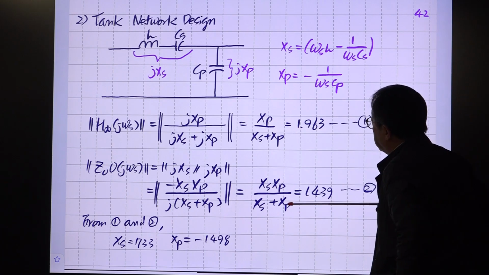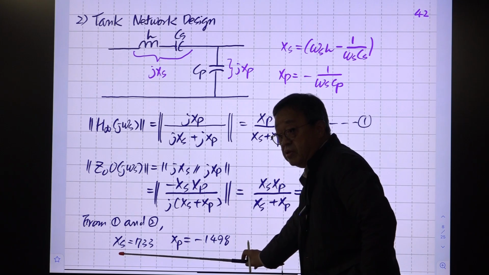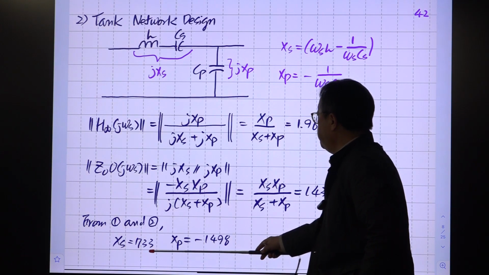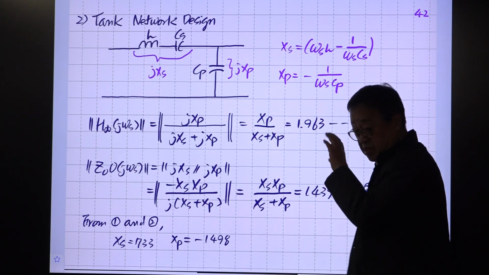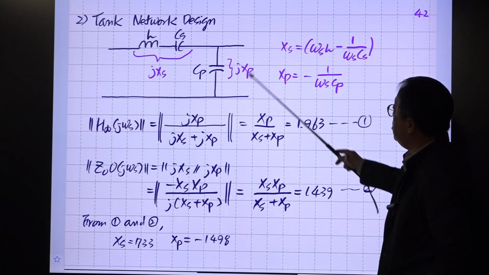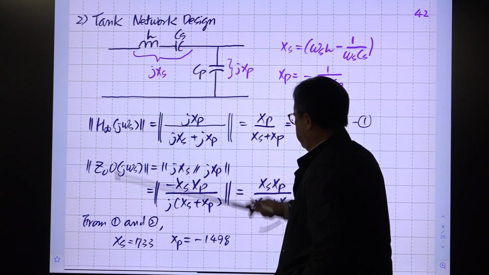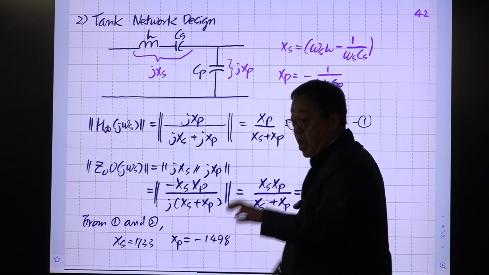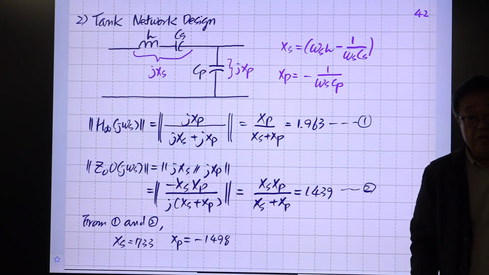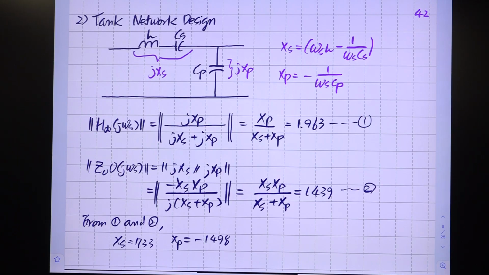We have two equations for two unknowns, and obviously this is the solution. XS is given, XP is given. If XP is given, CP is directly determined, since there is only one circuit component. But XS is a series combination of L and CS, so we have one additional condition to determine three circuit components from two equations.